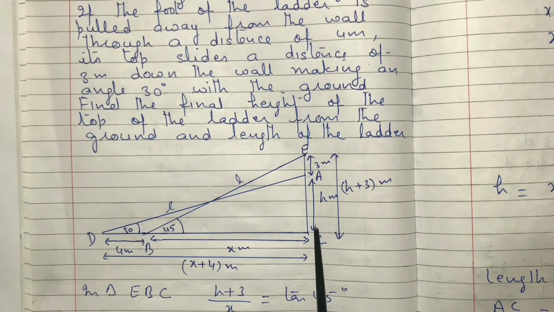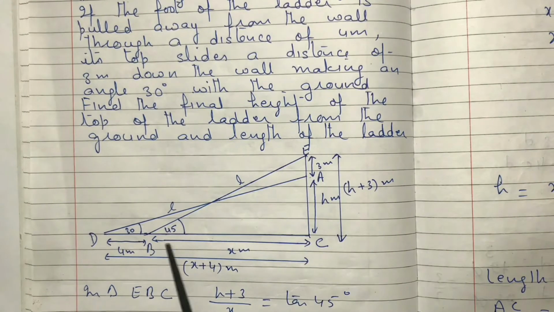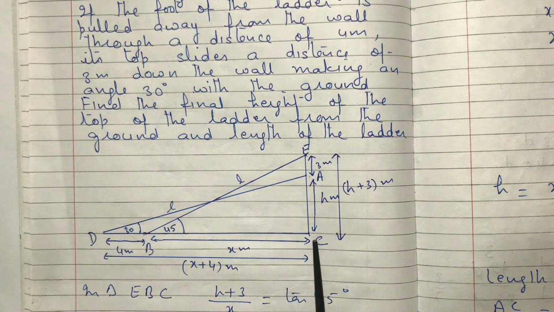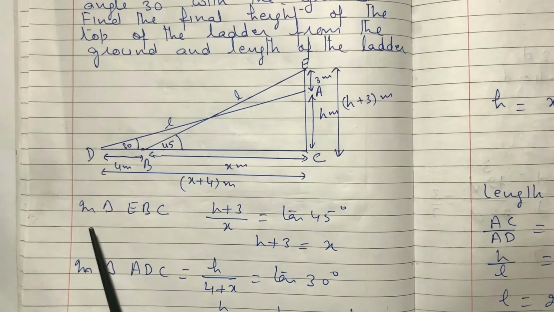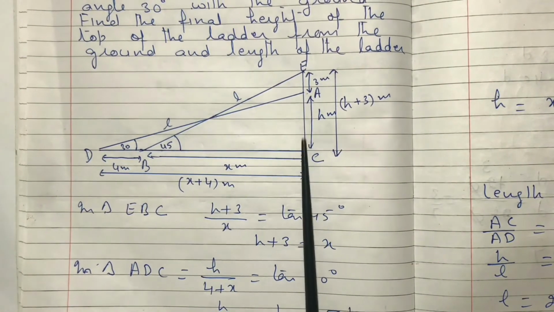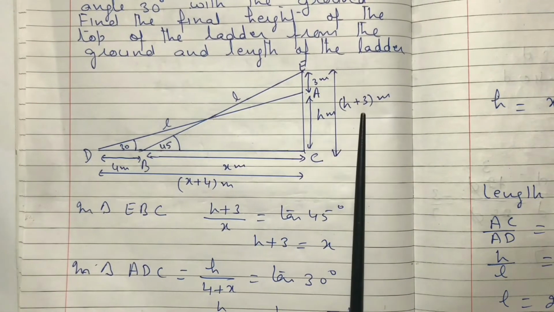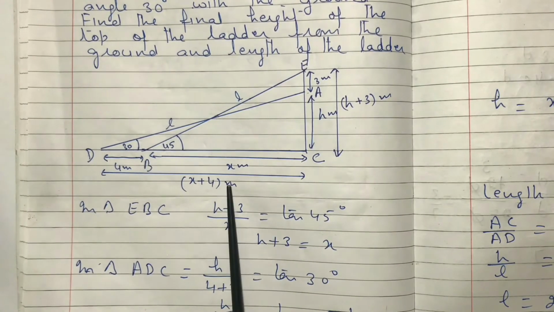Now you have two right angle triangles. One is EBC, the other one is ADC. So I have discussed here both the triangles. Now in triangle, let this length is h, this is 3 and this whole is h plus 3. This is x, this is 4, this whole is x plus 4.